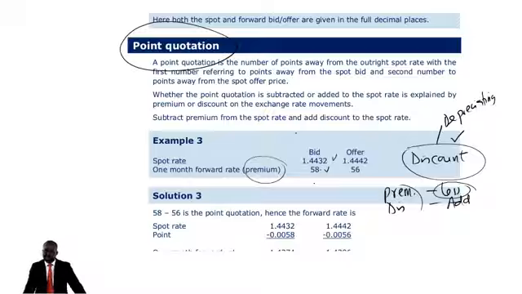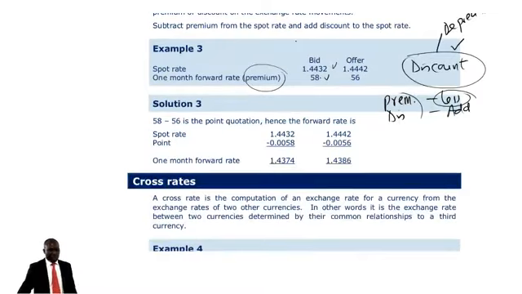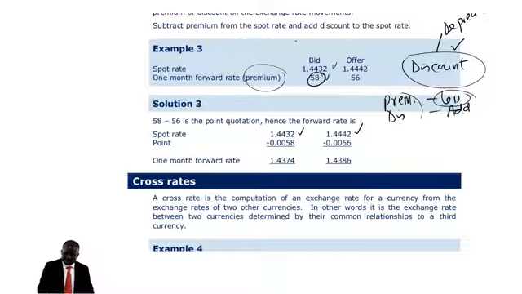How are you going to less it? Be with me. It's not 1.4432 minus 58. It doesn't work like that. This is how it works. Bring your spot rate. And then this 58, you have to start writing from your right hand side towards your left hand side. So you see this 58, 8 is the one here first.